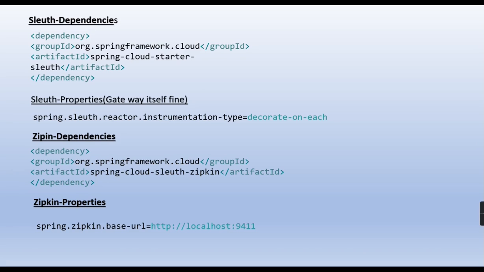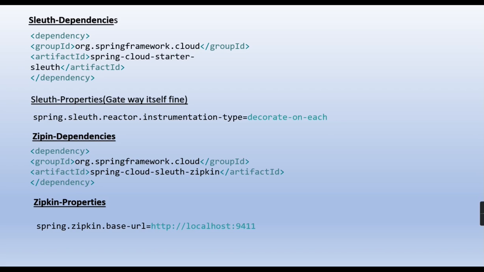For Sleuth, we need to add the dependency in pom.xml. That is org.springframework.cloud, spring-cloud-starter-sleuth. This dependency is common in the pom.xml of the user service, gateway, Eureka server, and other microservices as well.